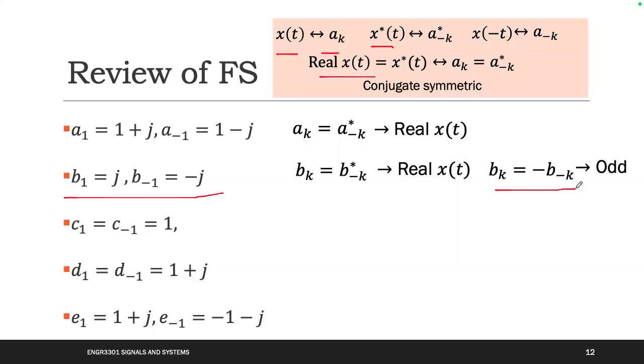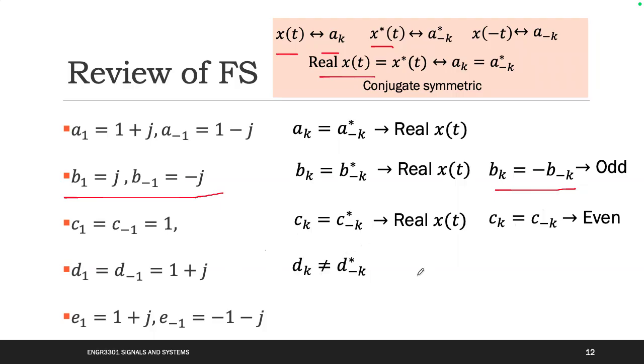And for the c, you can see c_k equals c_-k conjugate, you are right, it's real. And actually c_k equals c_-k, am I right? Which means it is even.